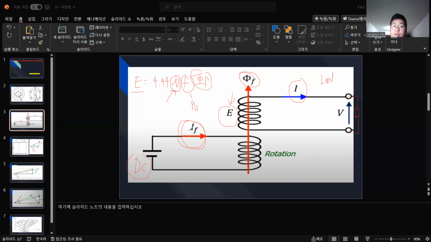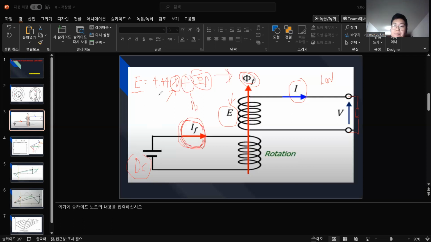And Φ is the flux, which depends on IF, the field current. So it's actually controlled by the exciter, right?